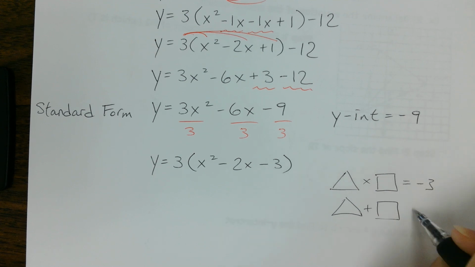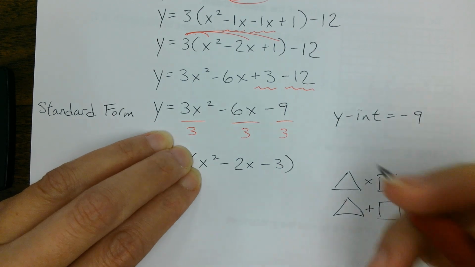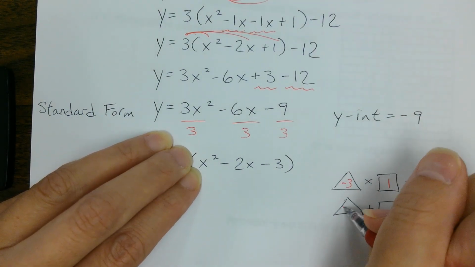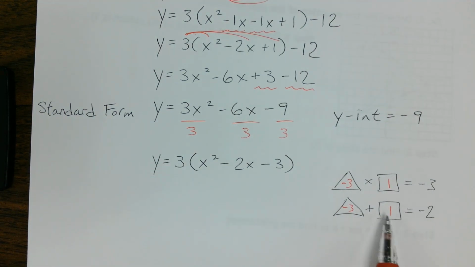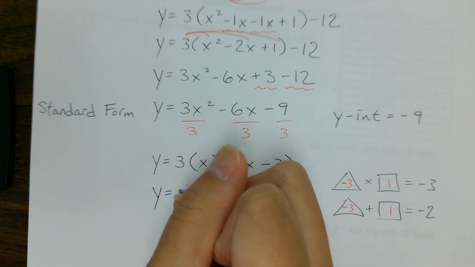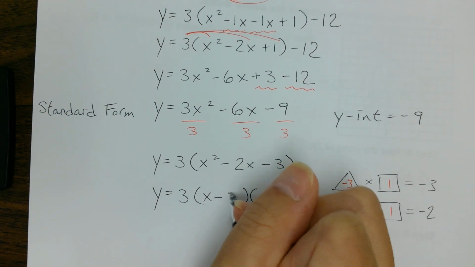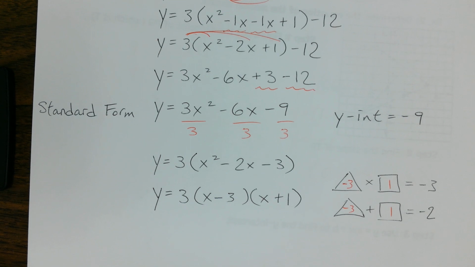Triangle plus square equals negative 2. If you just look at this part, what works? Negative 3 and 1. Negative 3 times 1, negative 3. Negative 3 plus 1, negative 2. So therefore my brackets: 3 bracket, x minus 3 and x plus 1.